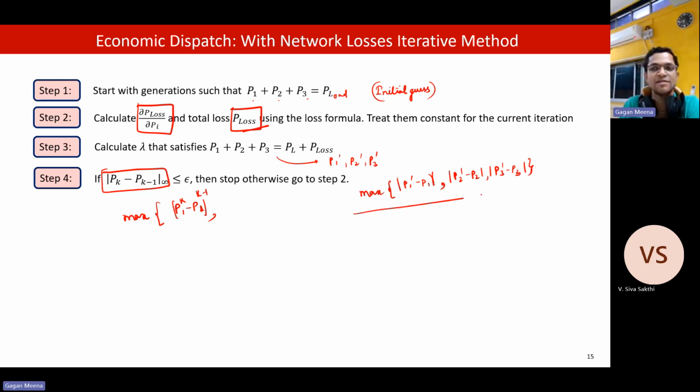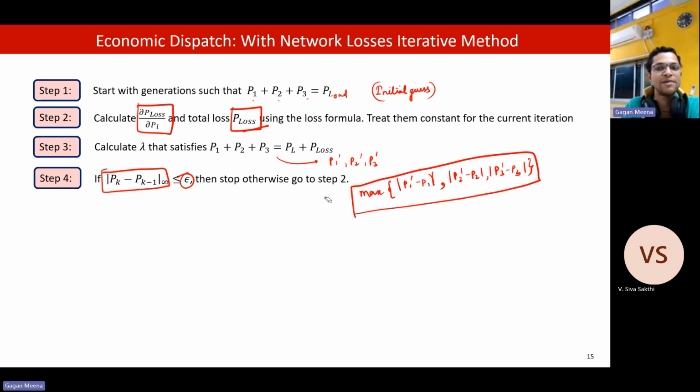So we track the maximum, and if that maximum value is less than the tolerance which we have defined, maybe 10 to the power minus 3, 10 to the power minus 4, depending upon how accurate we want, up to what decimal places, if this is satisfied, then we stop. Otherwise, we again go to step 2.